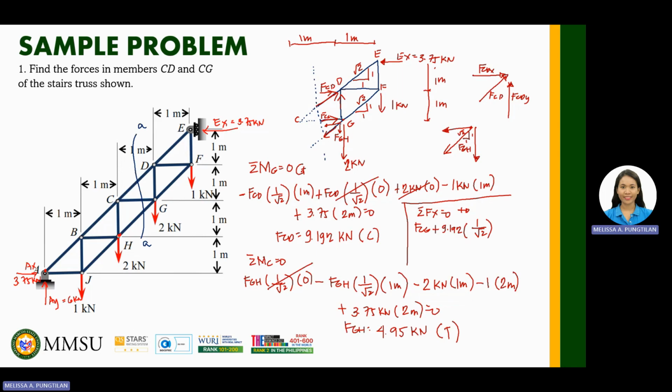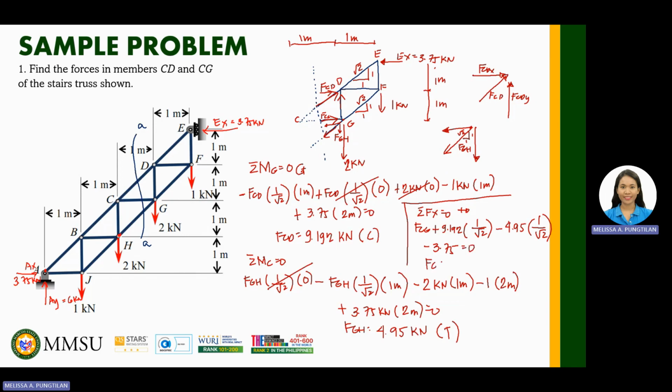And the next, GH. This one, GH. Its X component goes to the left. Therefore, minus FGH, 4.95 multiplied by 1 over square root of 2. And then the support reactions, 3.75 minus 3.75 is equal to 0.